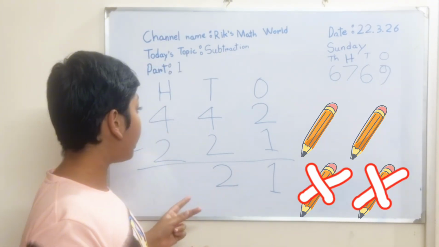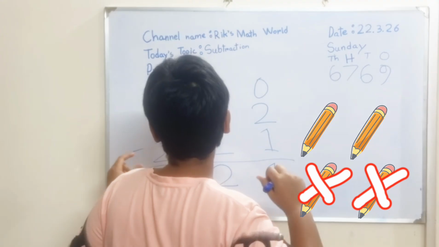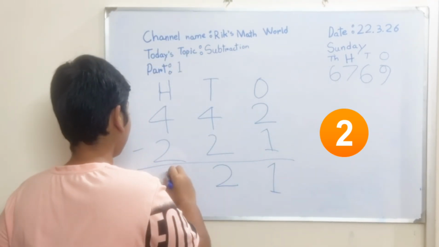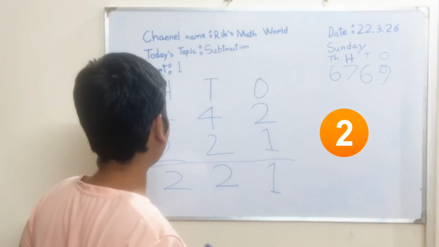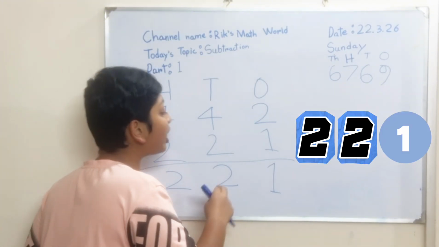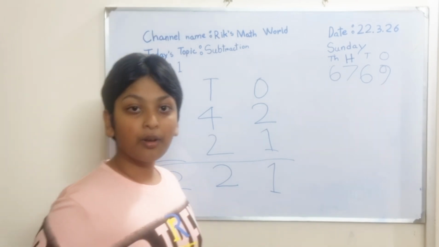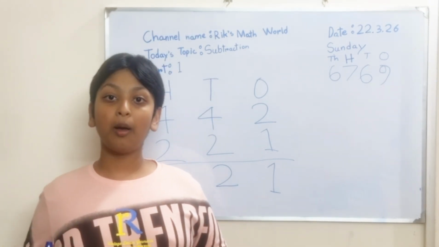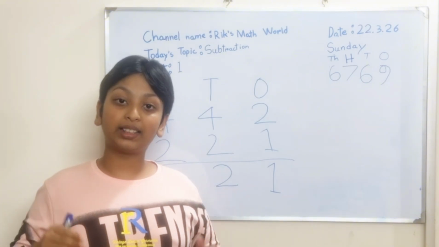So how many remain? 2 pencils are remaining. So write here 2. So the answer of this math problem is 221.